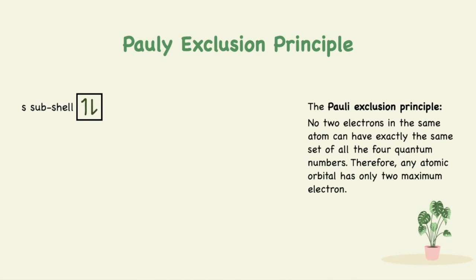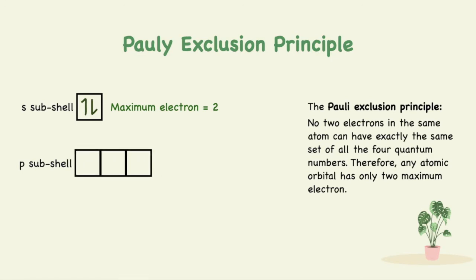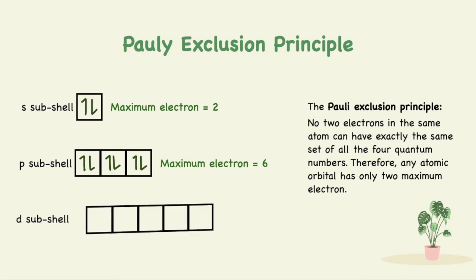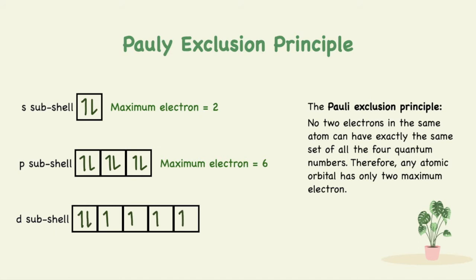So the s subshell contains a maximum of 2 electrons, and the p subshell with 3 orbitals will contain 6 electrons, and the d subshell will contain how many electrons? Yes, 10 electrons.